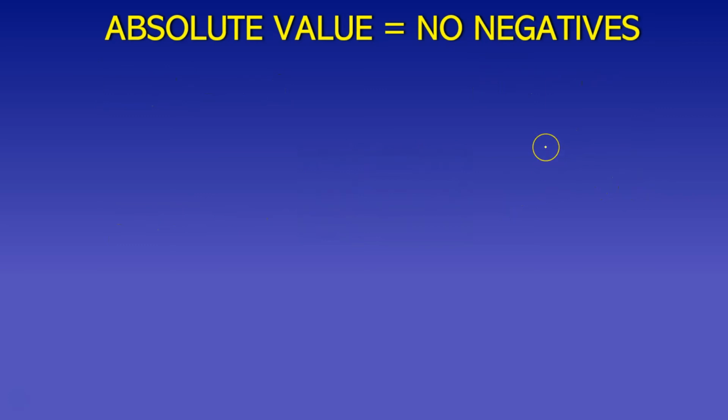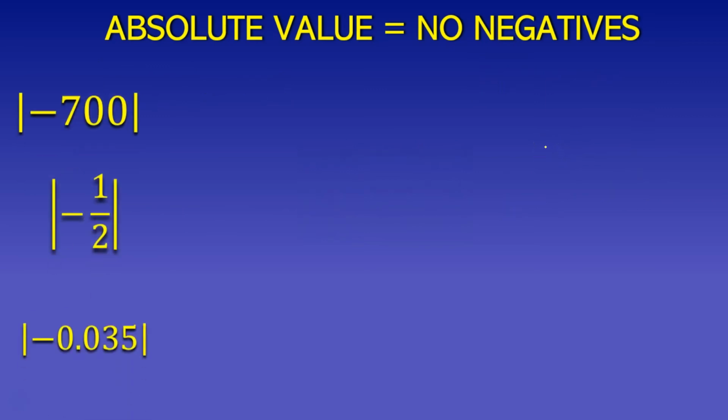So maybe we can do a small practice. Let's try doing these problems. Feel free to pause the video and check the answers. The first problem: the absolute value of minus 700, the absolute value of minus 1/2, and the absolute value of minus 0.035. We see that they are all negative numbers.